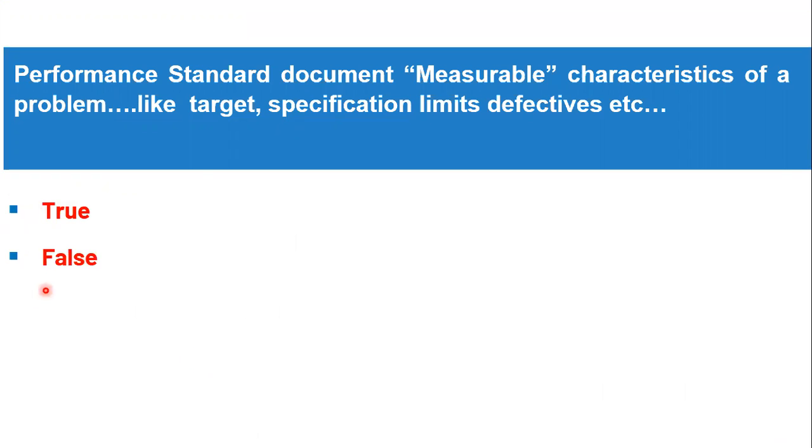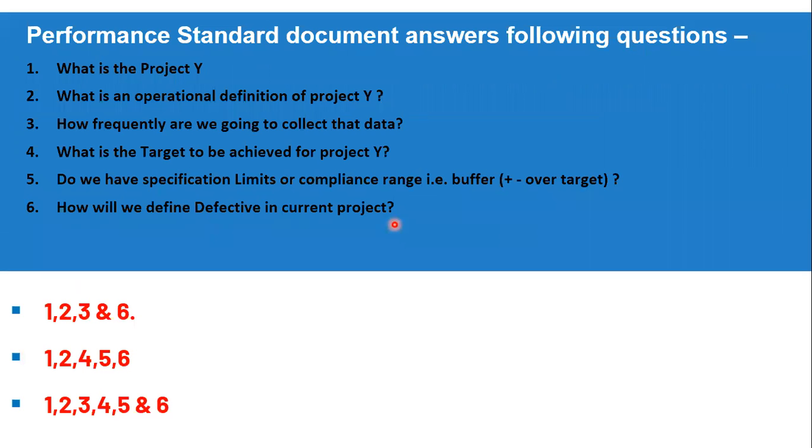So what is the answer? Simple. True. The performance standard document documents measurable characteristics of the problem like target, specification limit, and defectives. Answer is true. Next question.